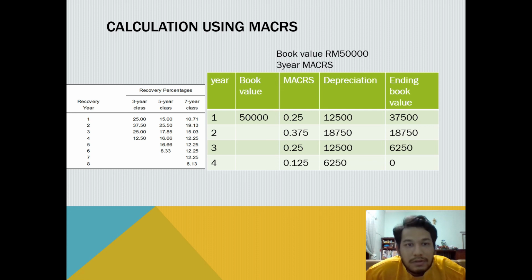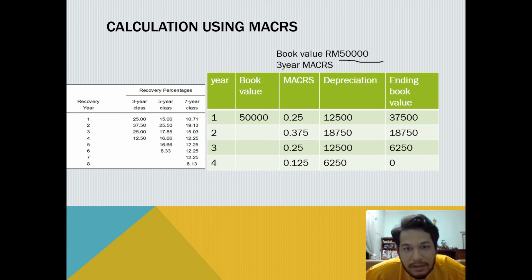how to calculate using MACRS. I will give you an example. You have an asset with a 3 year useful life, and the cost of the asset is 50,000.